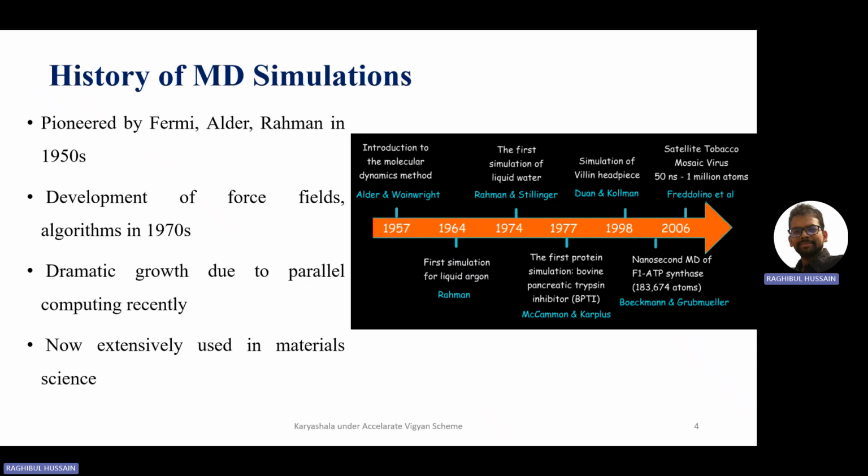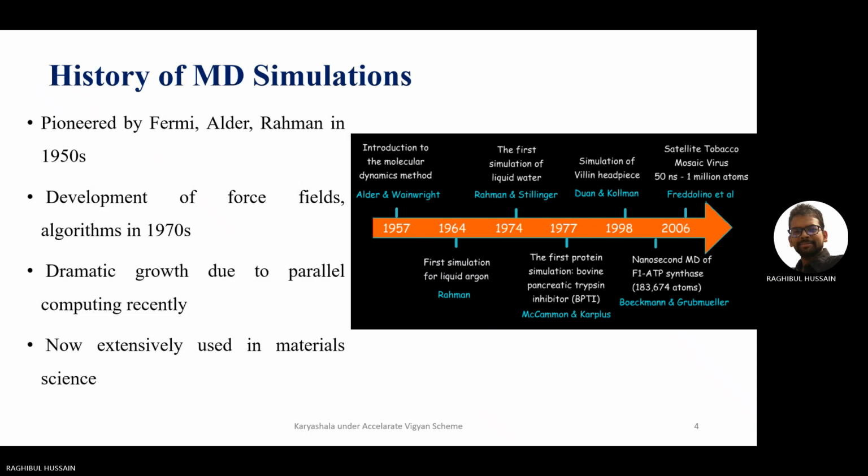Then the behavior of protein in 1977, and you have probably heard this name, Martin Karplus. For molecular dynamics, he won the Nobel Prize in 2013, just in those days. And now people are doing longer simulations.